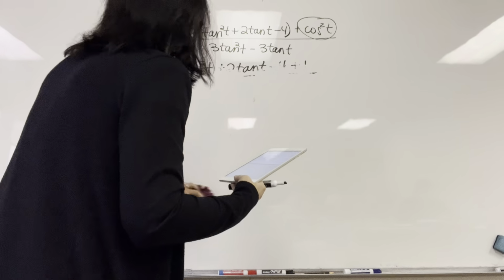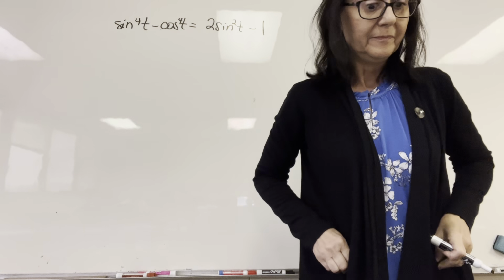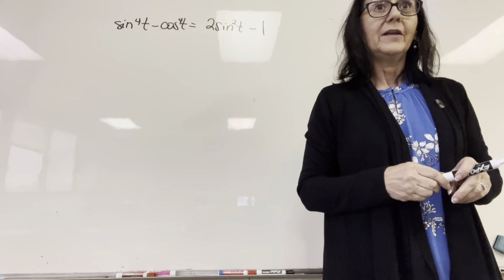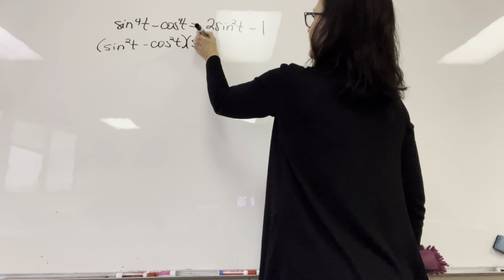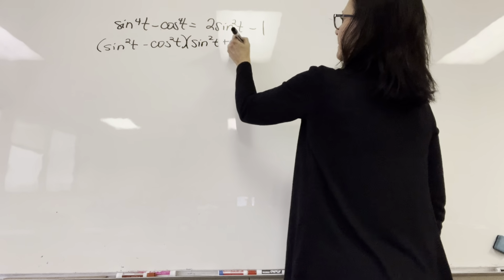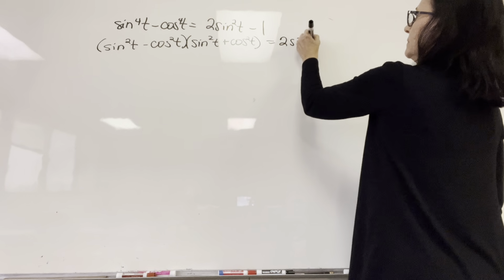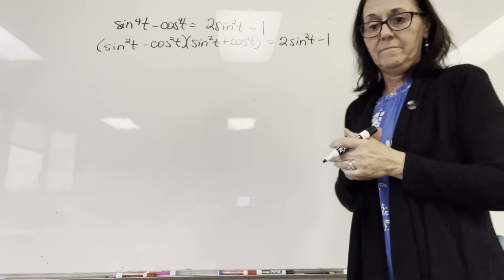What do you think we can do on the left-hand side? Factor it. So what are the factors? Sine squared t minus cosine squared t, sine squared t plus cosine squared t. Correct.